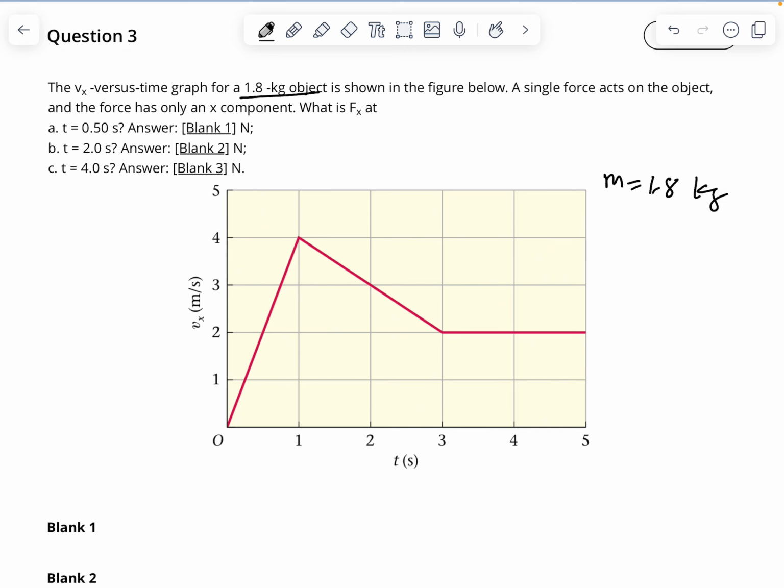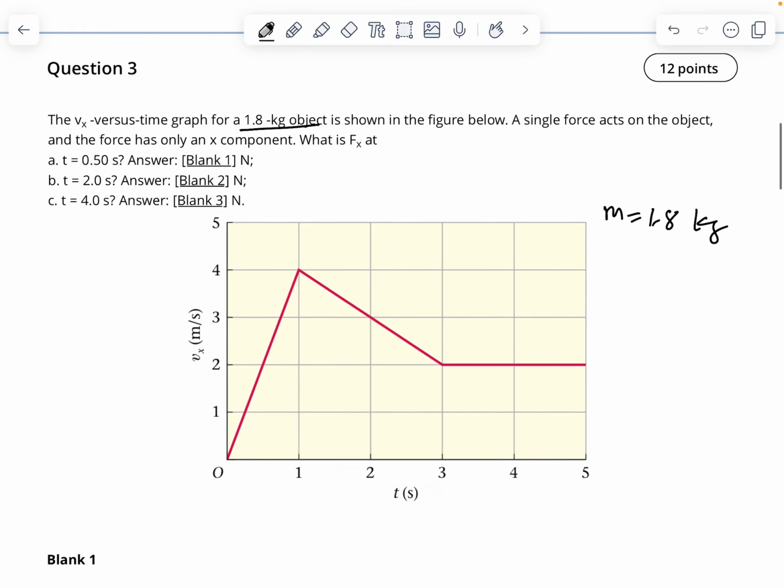All right. So they ask you, what is Fx? Okay, so what we know here is Fx is the only force, right? Equal to m ax. Then we know mass, right? But what is ax?